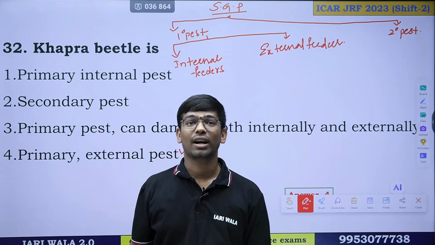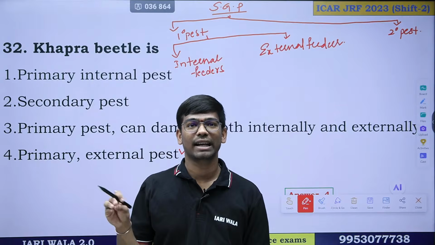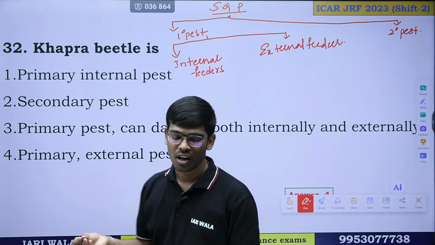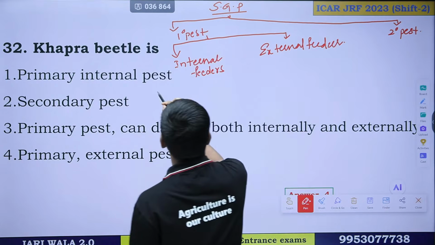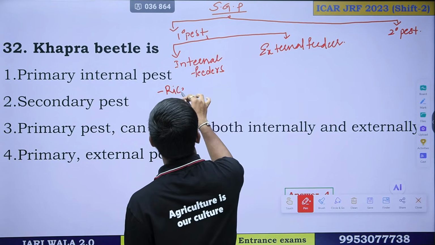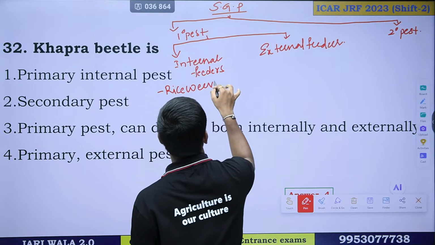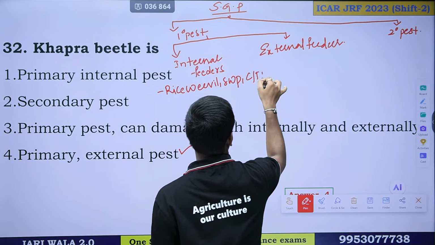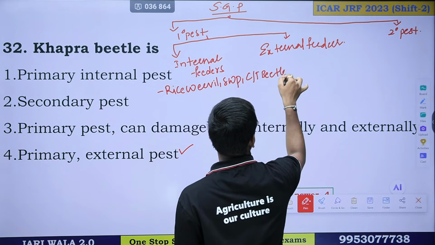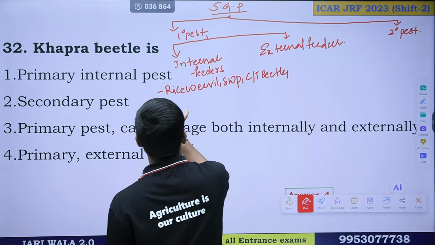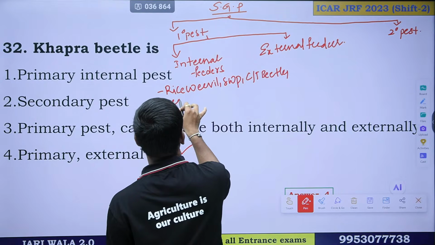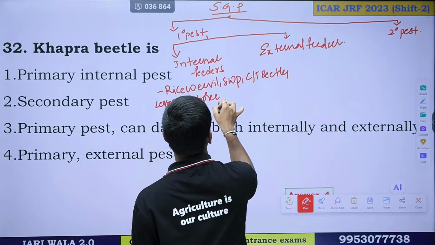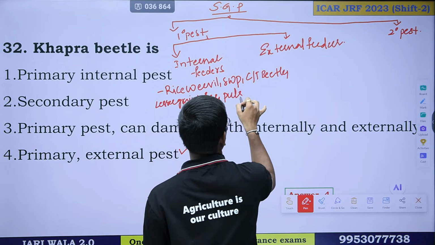So now what insects will come under the internal feeders and what insects will come under external feeders, we will discuss. So here we are having the rice weevil, sweet potato weevil, then cigarette or tobacco beetle, then lesser grain borer, pulse beetle we are having.